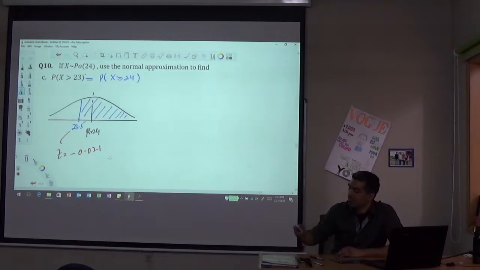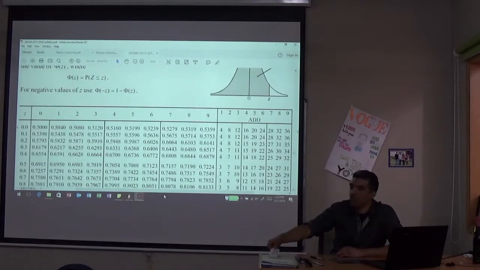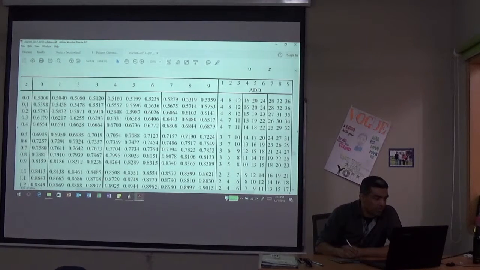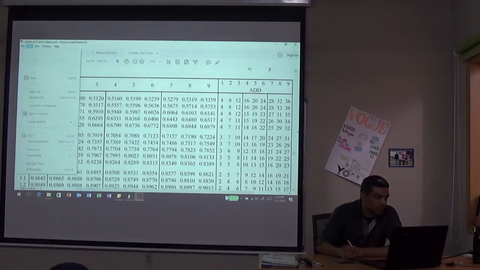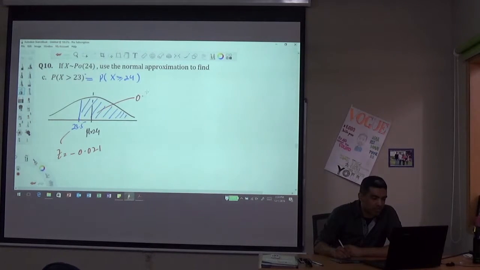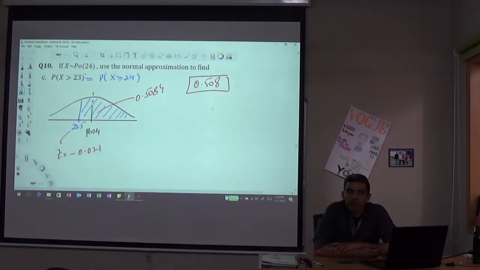Let's check in the table for 0.021. 0.02, and then 1. Add 4 to it. 0.5084. Yes, this area is 0.5084. So your final answer is 0.508, rounded to 3 significant figures.